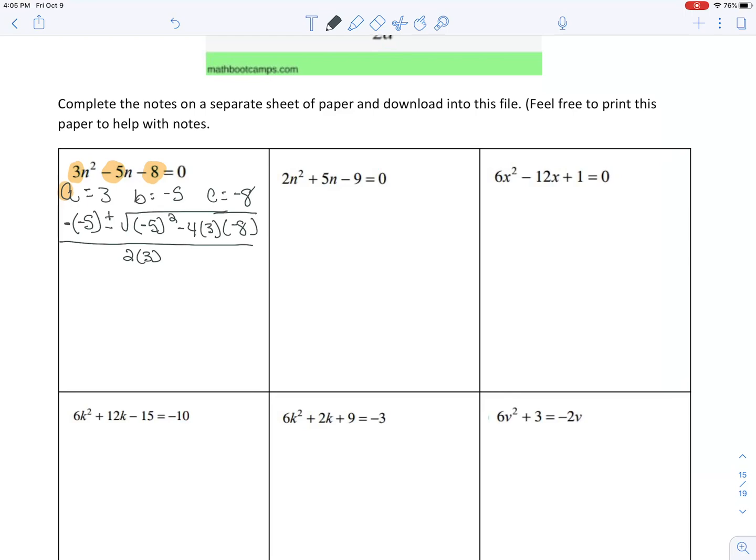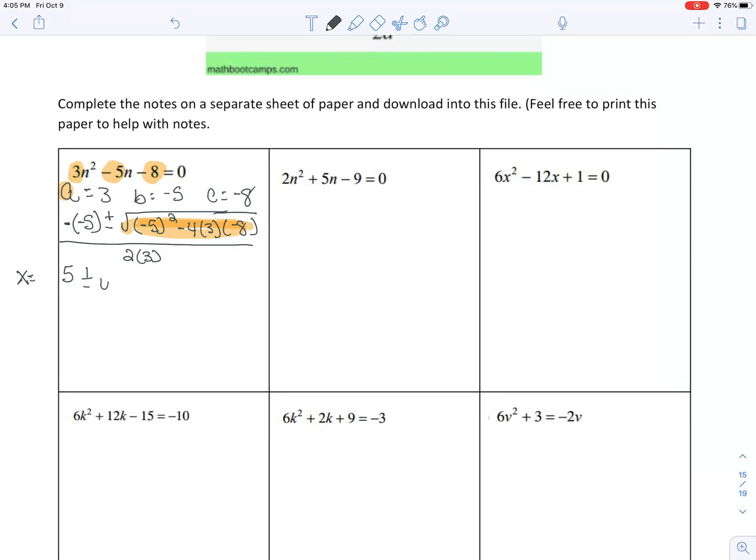Okay? Now, I suggest that you do not put the square root in the calculator. So when you're putting this in your calculator, you don't want to put the square root. You just want to put this part without the square root in your calculator. So I'm going to do negative 5, which is 5.